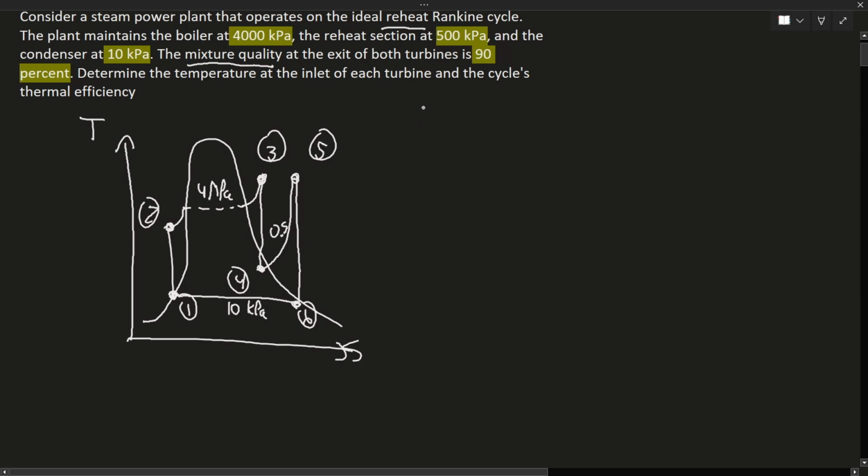Okay. Next, it's asking us for the temperature at the inlet of each turbine. So that's T3 and T5. And it's also asking us for the thermal efficiency.